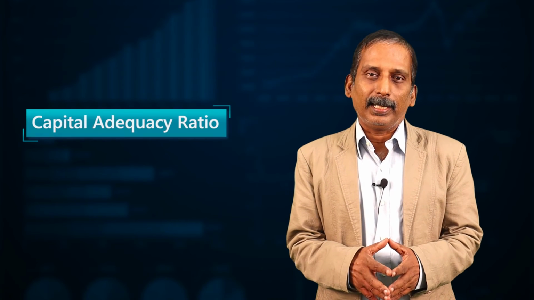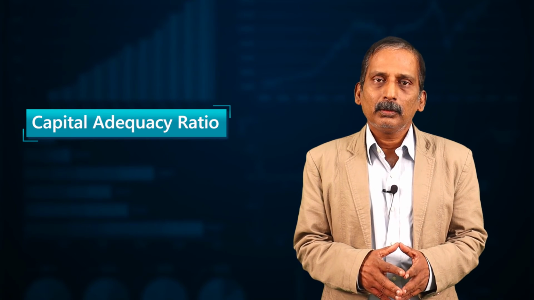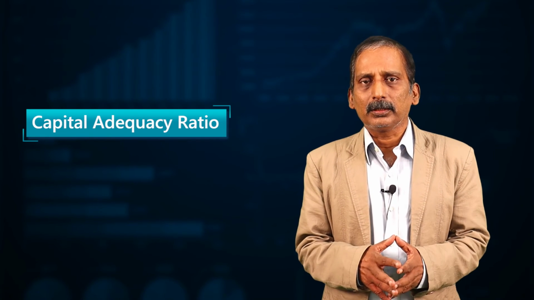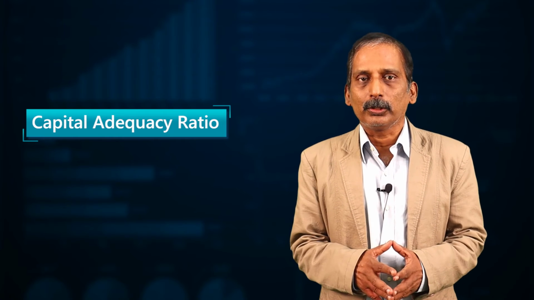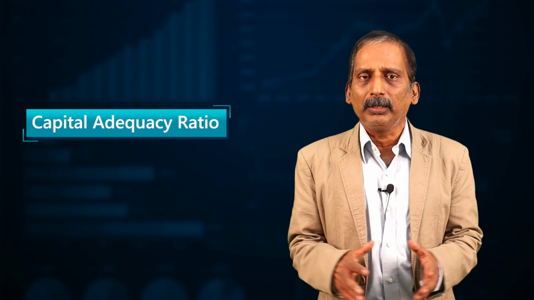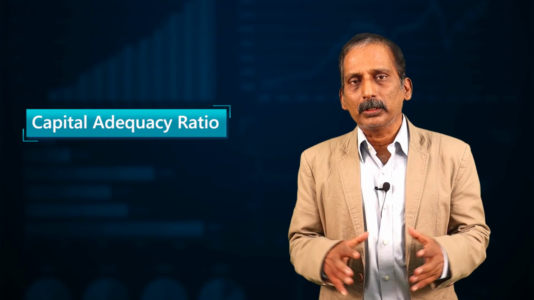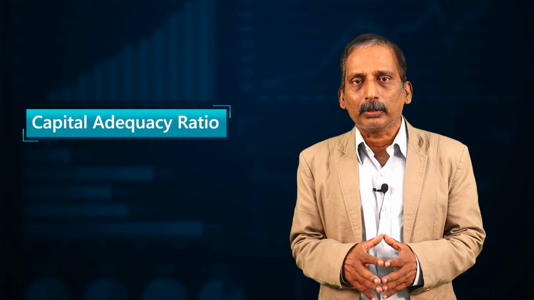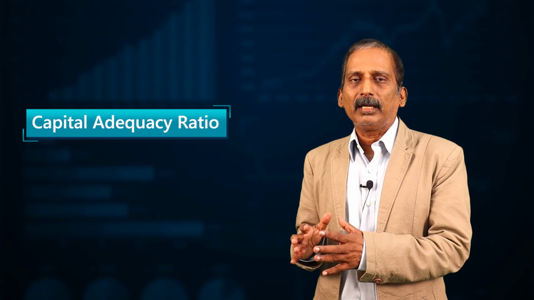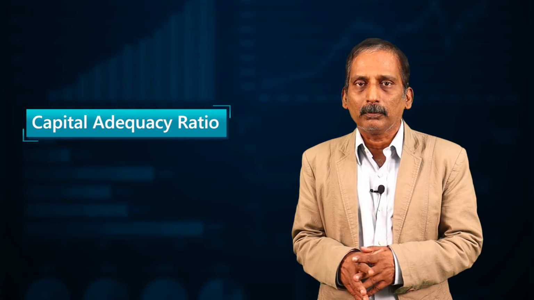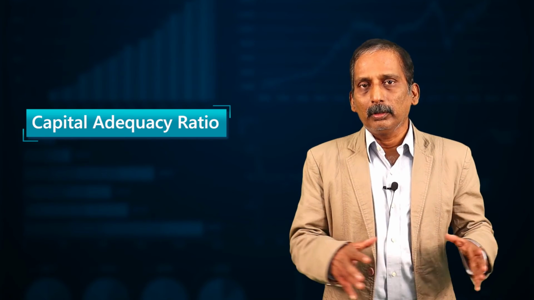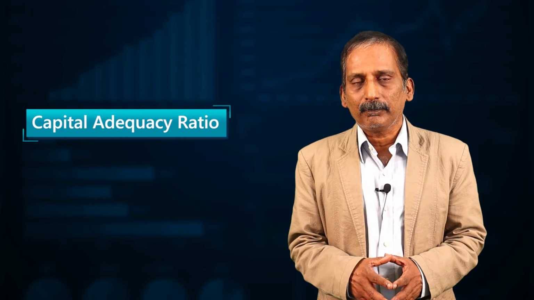The fifth and last number that you should look at is called the capital adequacy ratio. This is a very technical term or technical computation, and so I'll try to keep it as simple as is possible. Capital adequacy ratio is the ratio of a bank's total capital, its tier 1 capital plus its tier 2 capital, to its risk weighted assets.